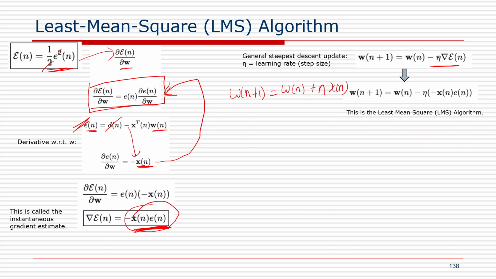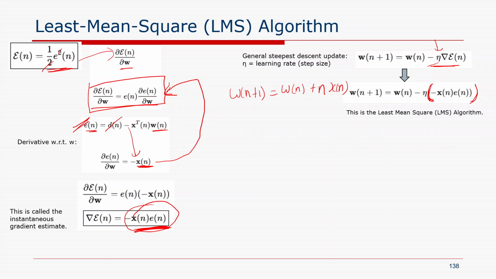That is the error term differentiation. Why is the learning rate required? Because I cannot take the entire error term value as a subtraction value for the w of n. We will take a portion of that particular term, that is, how much we have to update.